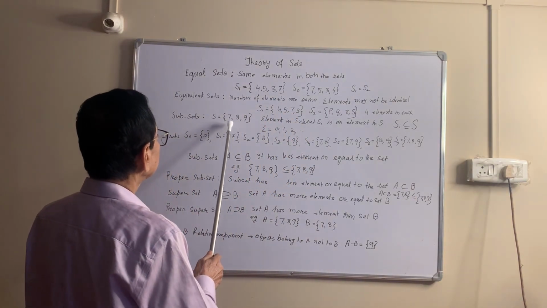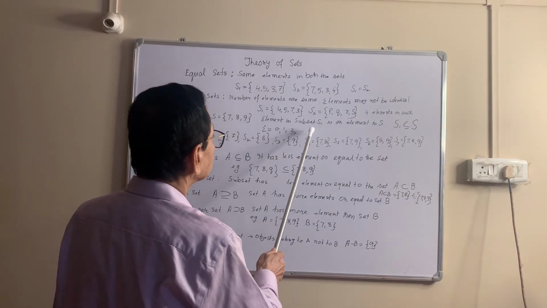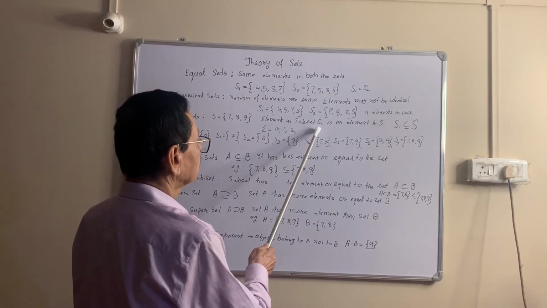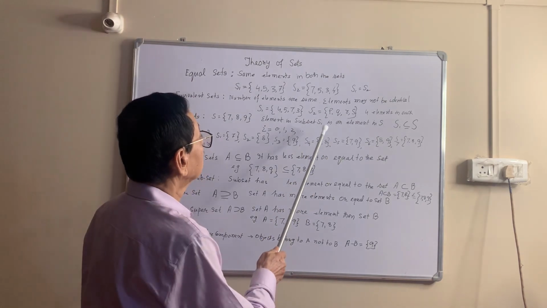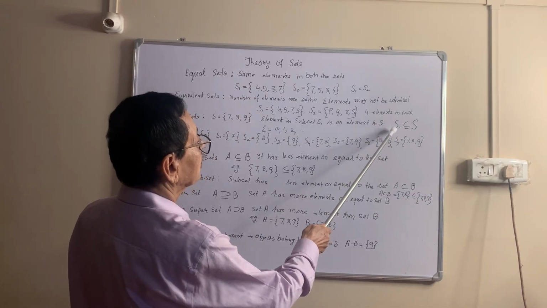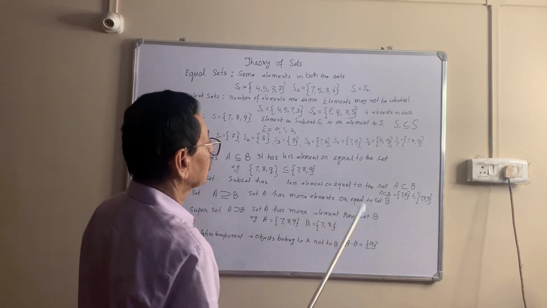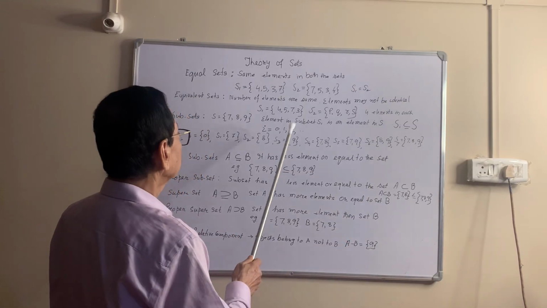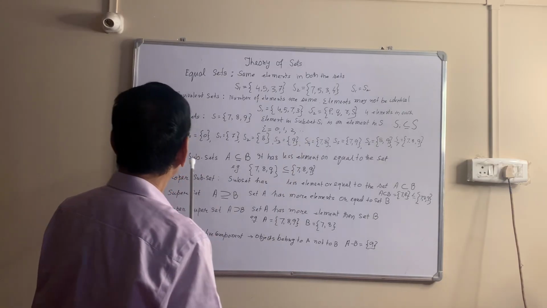If S is equal to 7, 8, 9, these are the elements. Suppose an element in subset Si is an element in S. It is written like this: Si included in S. Inclusion, where i is equal to 0, 1, 2 and so on.